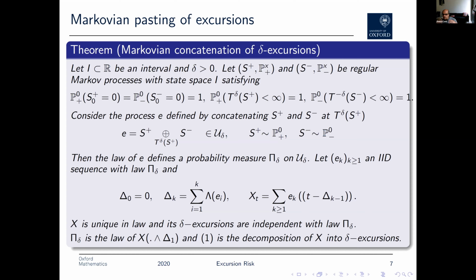So instead of looking at the coefficients and trying to prove directly the existence of solutions, you look at all the points where the coefficients are not well behaved, discontinuous, or the derivatives are discontinuous, and then you transform them into the boundary of some state space, and then you construct the processes as a pasting of excursions on that state space.